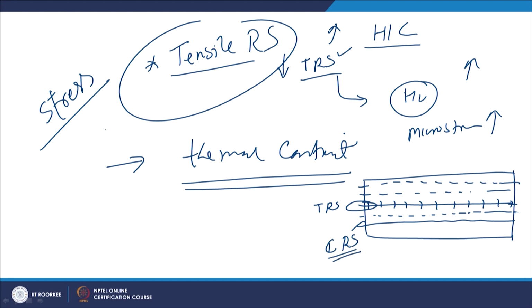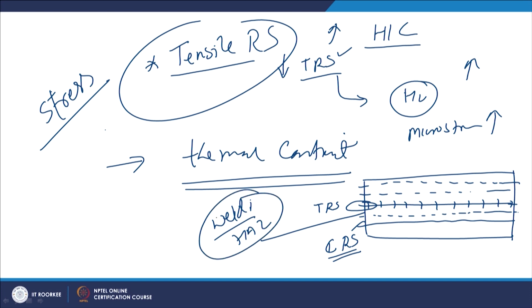So, in light of this, if we notice the weld metal and the heat affected zone in vicinity of the weld metal will be most sensitive for the hydrogen induced cracking due to the presence of the tensile residual stresses there.